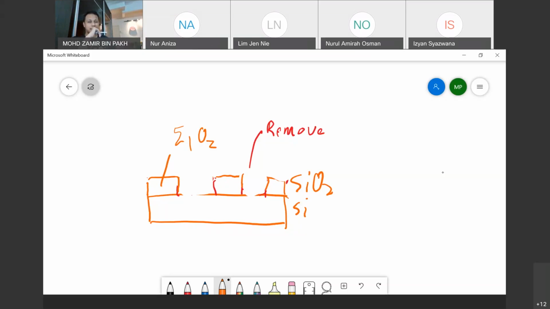Block light, not quite, but close. Light tu betul lah, cuma block tu tak betul. Light is true, but block is not.